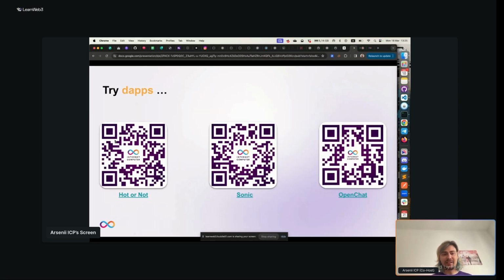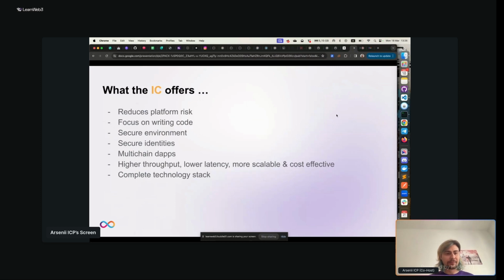This is a few applications which I recommend you to try. First of all, OpenChat, a decentralized analog and competitor to Discord and Slack. So what we offer is, first of all, reduced platform risk, and focus on writing code.